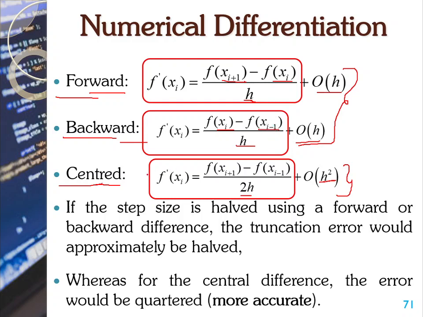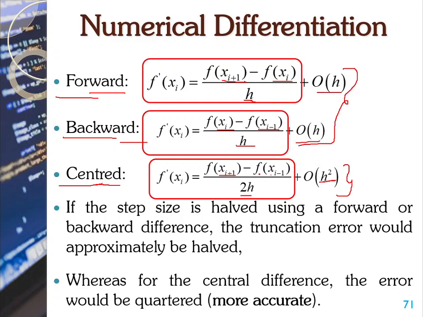In the case of the centered, we need a future value, that is xi plus 1, and a past value. Once we have these, we can estimate the first derivative of any expression.